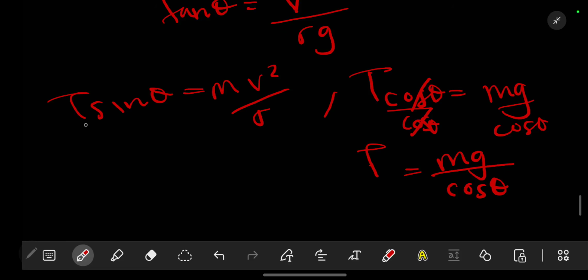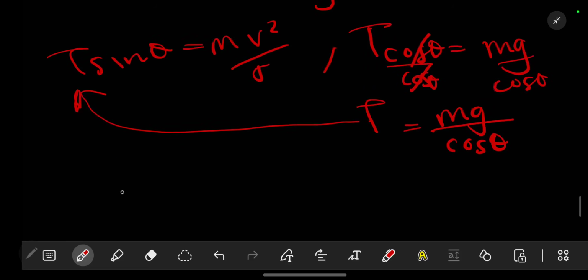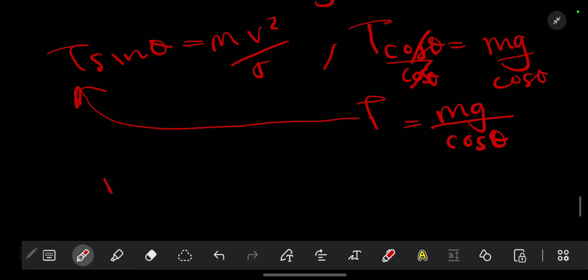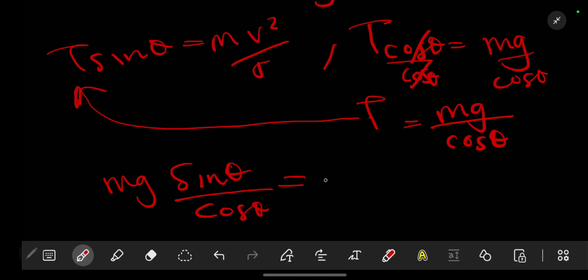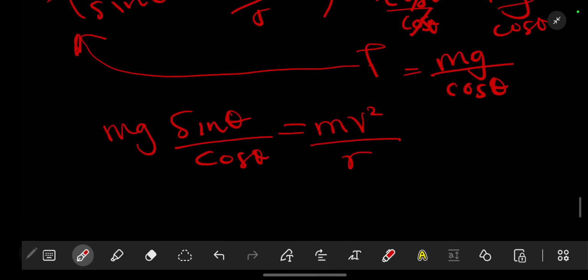Where there is T there, you replace it now. So it will be mg sine of theta over cos of theta should be equal to mv squared over r, like that.